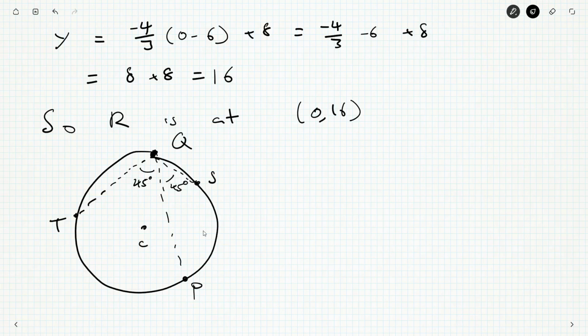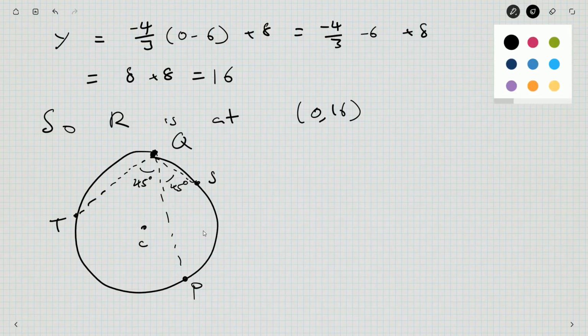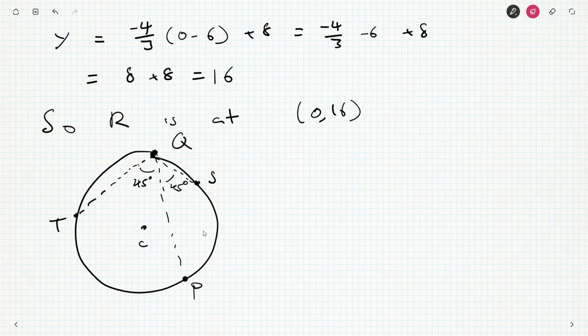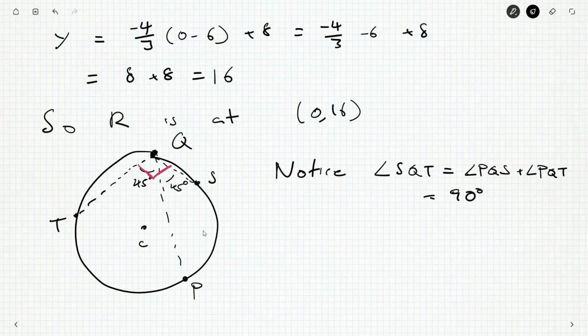Now, once again, some circle geometry would come together and say, well, 45 and 45 is a big old 90. So notice angle SQT is PQS plus PQT, which is 45 plus 45, which is 90.